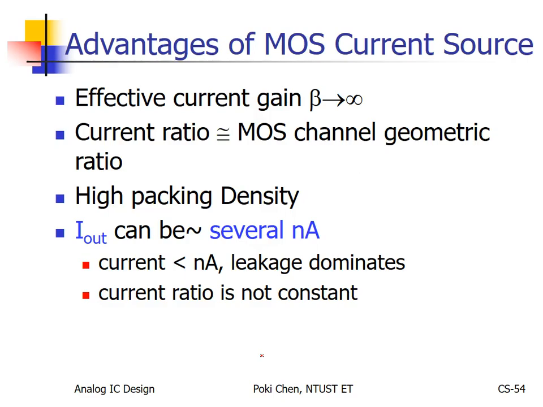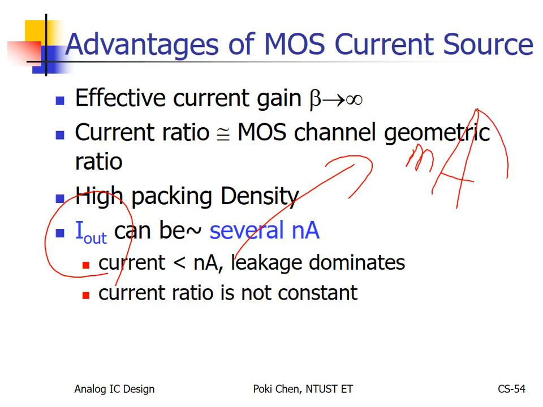Anyway, for such kind of MOSFET current sources, usually the output current can be from nanoampere all the way to microampere. We seldom design any reference current as large as milliamperes, because it's too power wasting. Okay, if you would like to design your output current for such a very small operation, only nanoamperes, it can reduce the power consumption substantially.